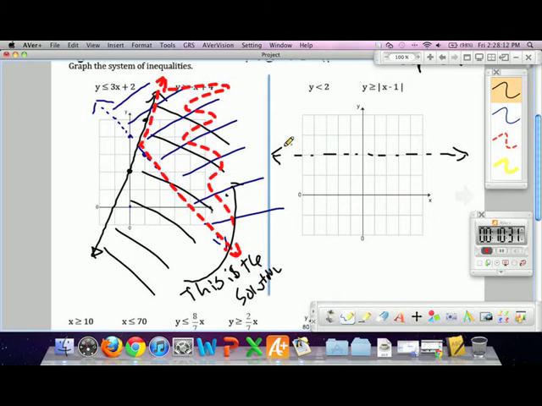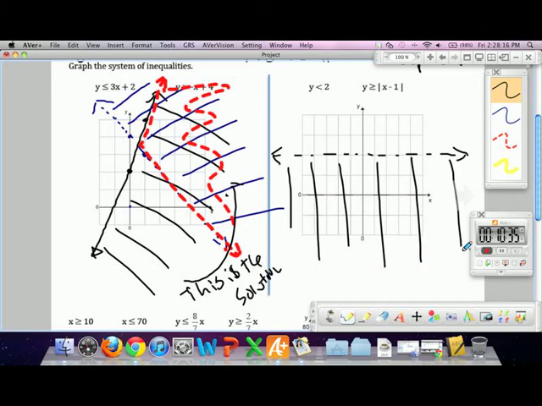Absolute value, yay, we just did this. Absolute value of x is greater than or equal to minus 1. What is that graph going to look like? Draw a V as if it had a slope of a nice positive 1.